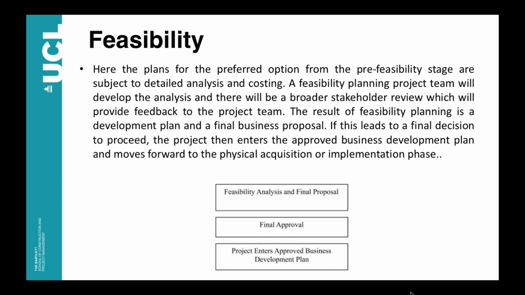The result of feasibility planning is a development plan and a final business proposal. If the process is successful and the option passes through the different stages, the project then enters the approved business development plan for the organization and moves forward to the physical acquisition or implementation phase.